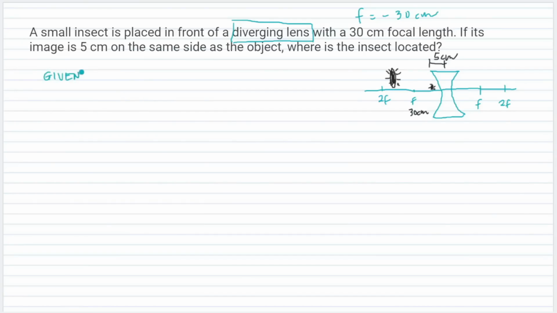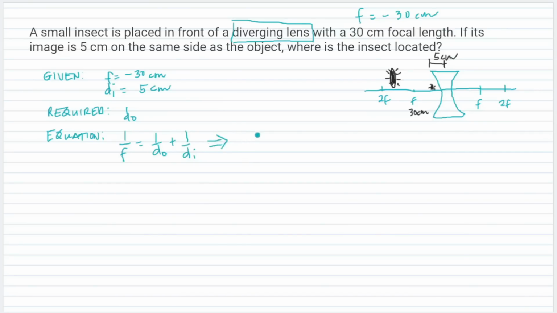So we are given the value of F, which is negative 30 cm. And we also are given the value of the DI, which is 5 cm. And then we are asked to look for DO. For this problem, we will still be using the lens equation. 1 over F is equal to 1 over DO plus 1 over DI.